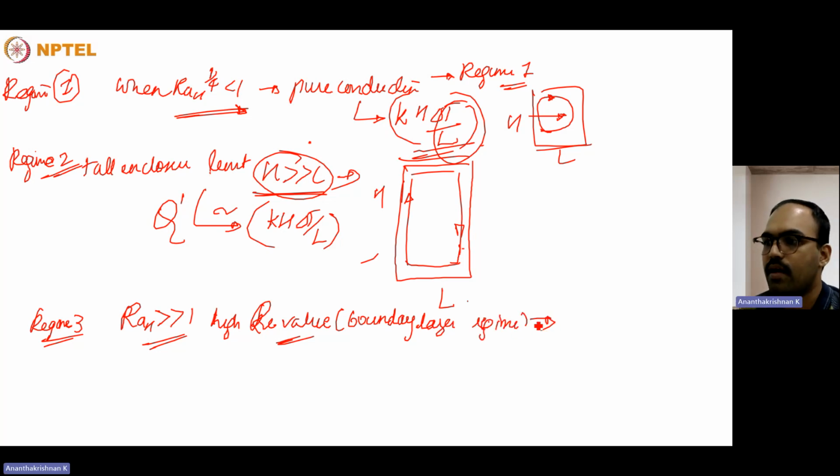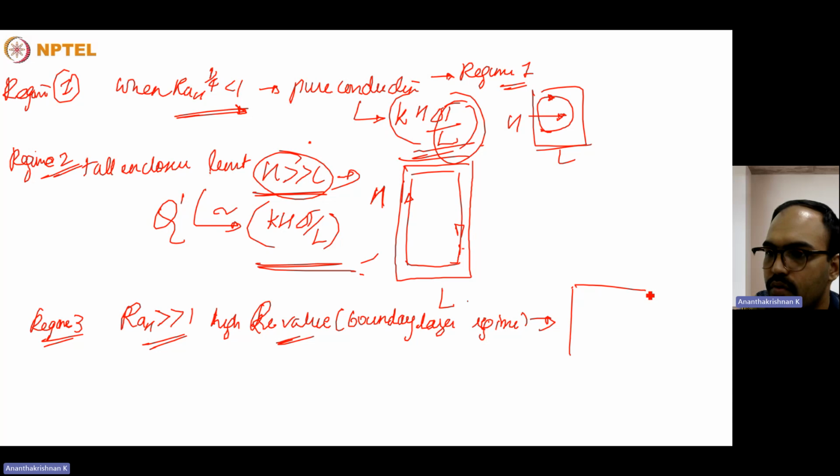In this case, vertical thermal boundary layers form distinctly along the differentially heated side walls. The heat transfer rate across the cavity could be scaled as not the entire distance. In the previous case of the tall enclosure limit, we had scaled it based on H and L, but that's not the case here. There will be the formation of the boundary layer.